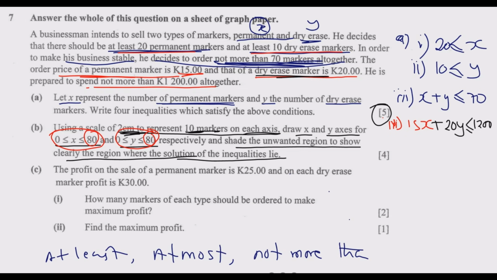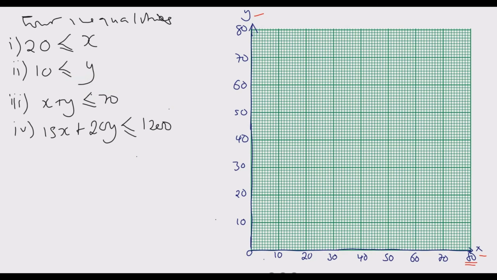Make sure this is properly labeled like that. Then we also have the 4 inequalities that we found a few minutes ago. Now what is needed is for us to transfer these inequalities to the graph.